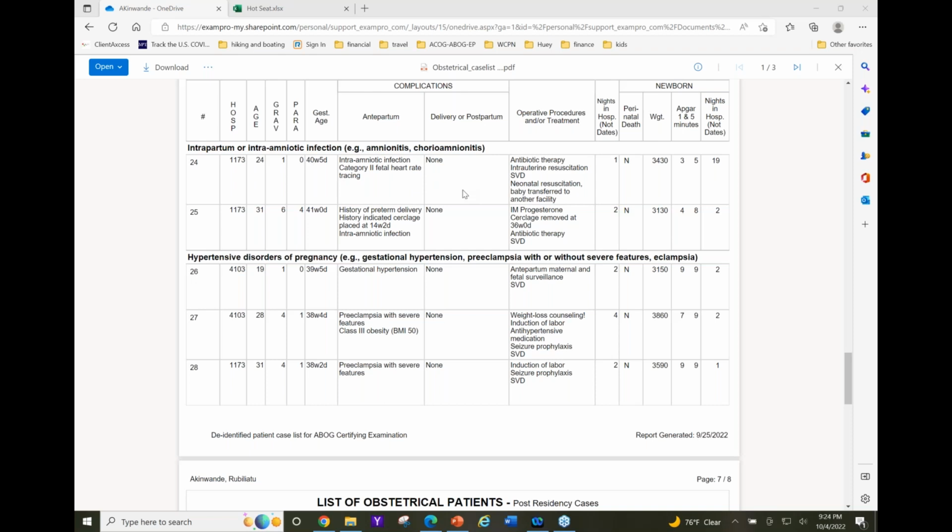I think the biggest issue about a case like this, many people will have a case like this on their list, where you have a 40-week, 5-day gestation. You have no antepartum complication to suggest that this baby should have trouble. You have a reasonable birth weight, and yet you got 19 days in the hospital.